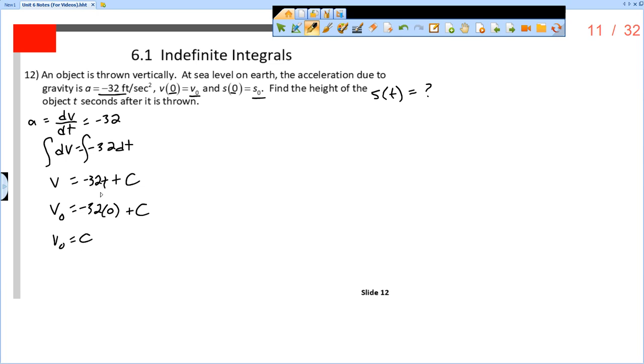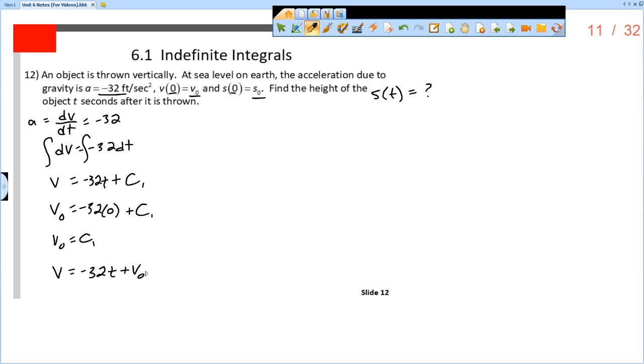It's important to remember we're going to integrate twice, so we're going to have two different c's. So I'm going to call this c sub 1, because when we integrate again, we can call it c sub 2, and so we can distinguish between those two different values of c. So now that means that our velocity equation is negative 32t plus v sub 0.